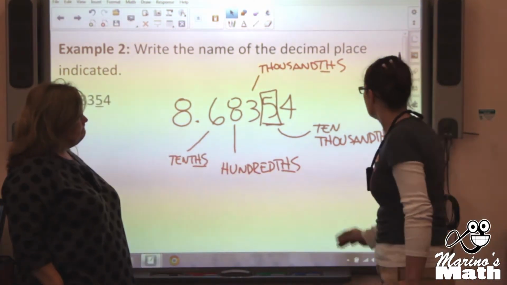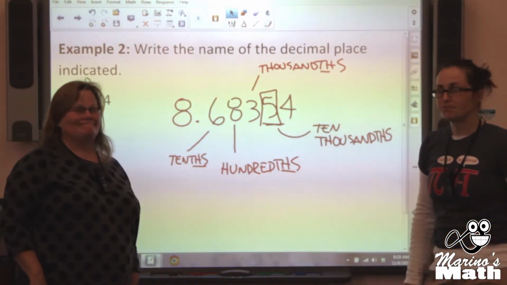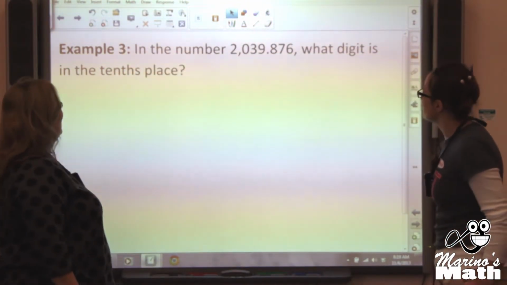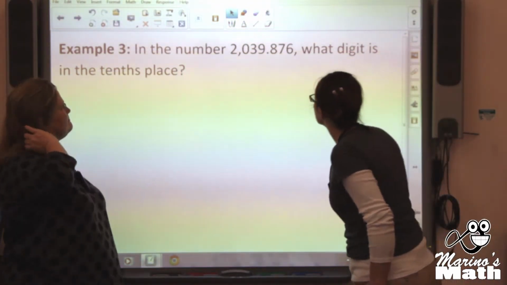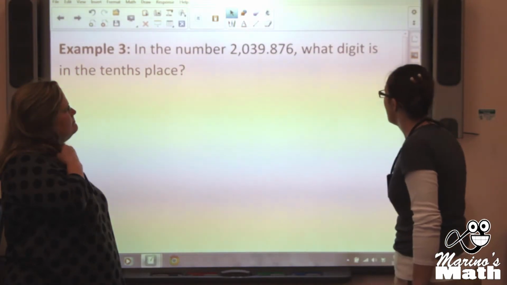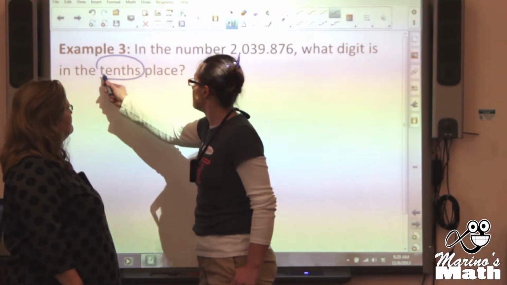So for example 2, we have the 10,000ths place, the number 5 that was underlined. I think this is much easier than fractions. Oh yeah. Let's look. Ooh, they changed it on us. In the number 2039.876, what digit is in the tenths place?